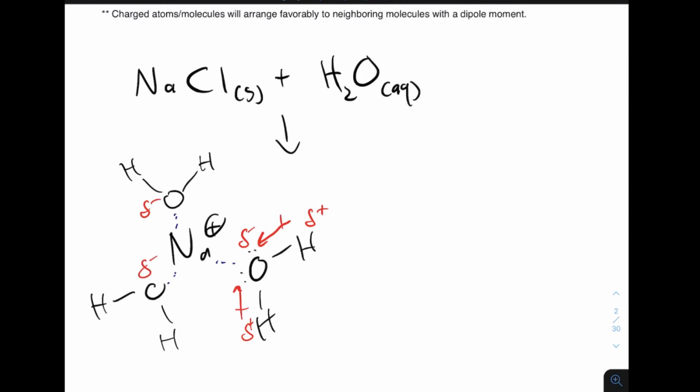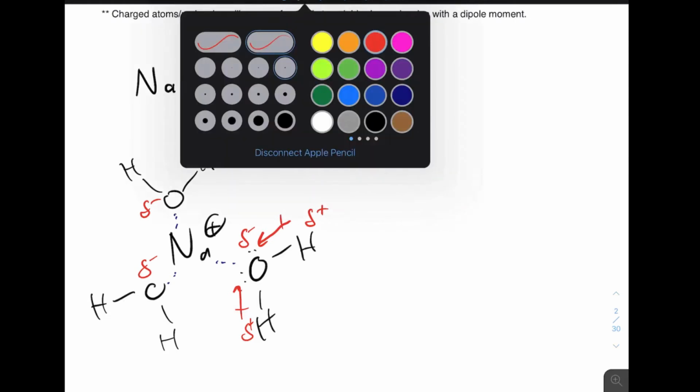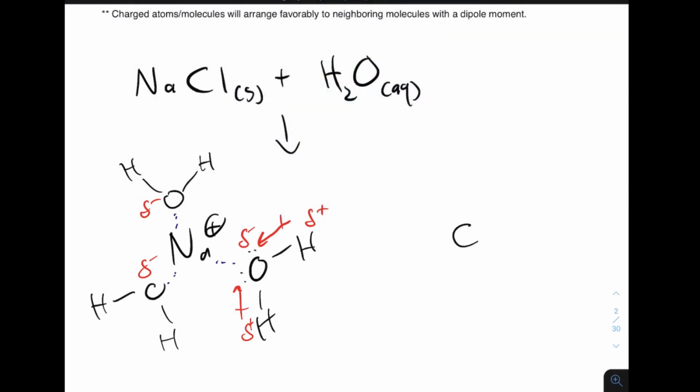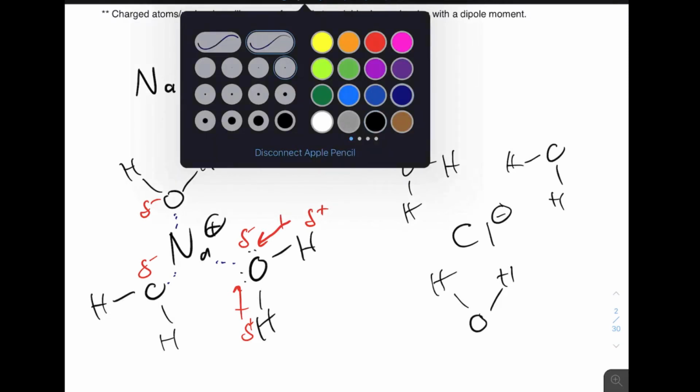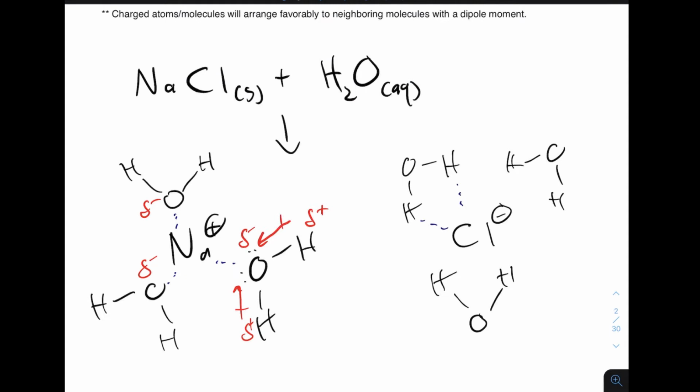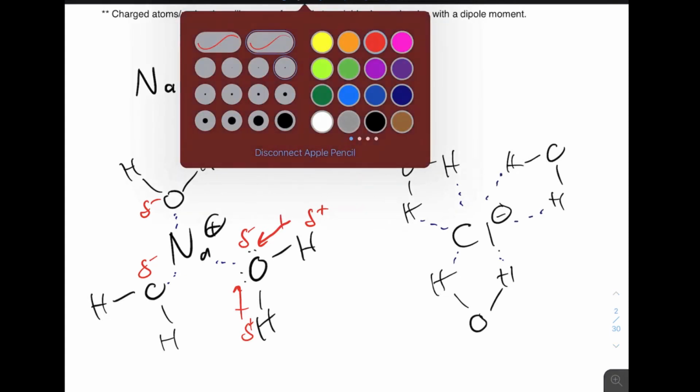Conversely, with the negatively charged chlorine, we have the opposite situation where the partial positive end of all these water molecules are surrounding it, because the hydrogens all have that partial positive charge.